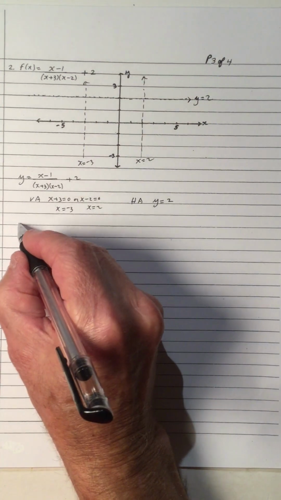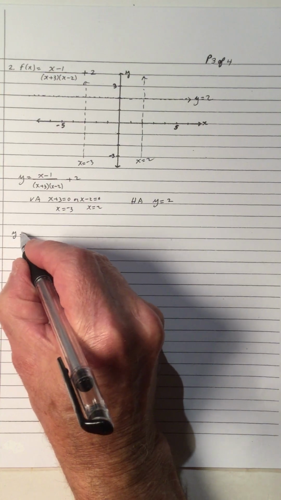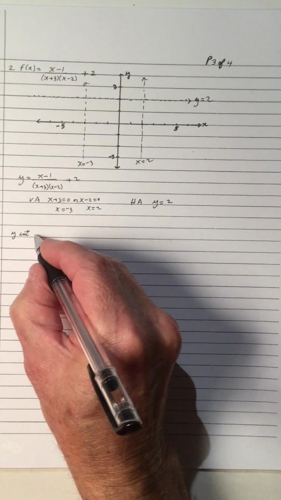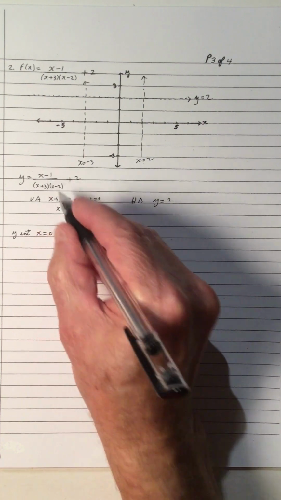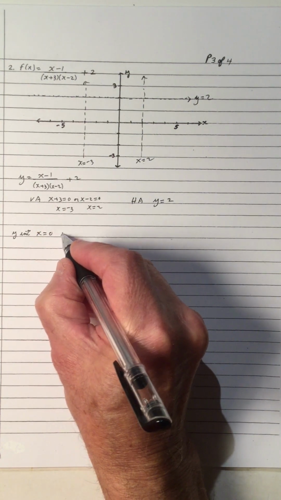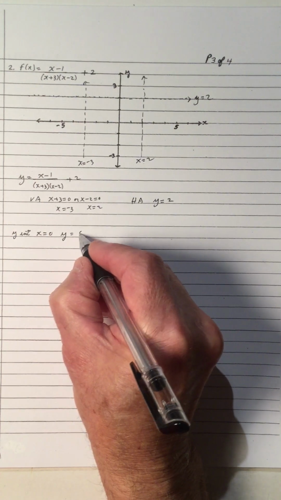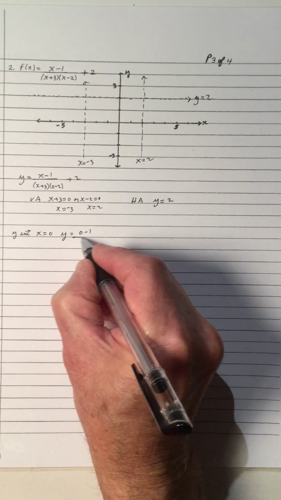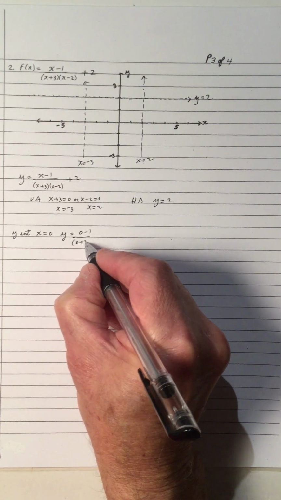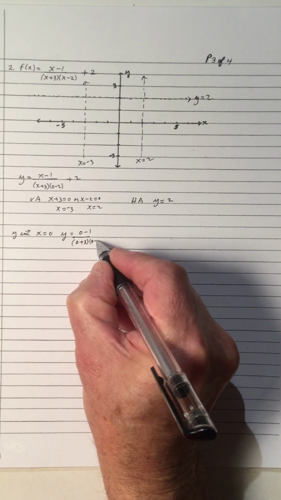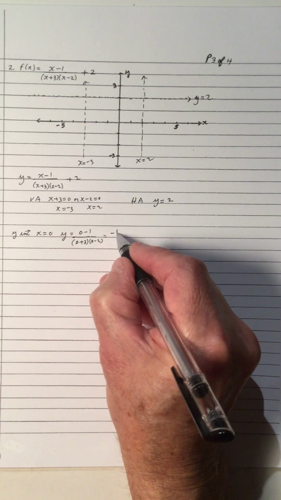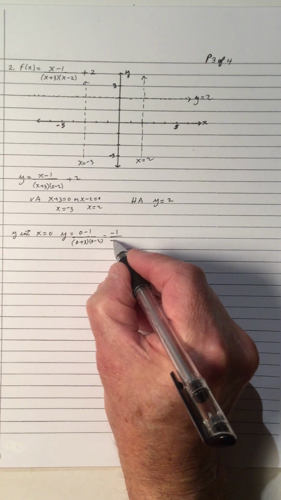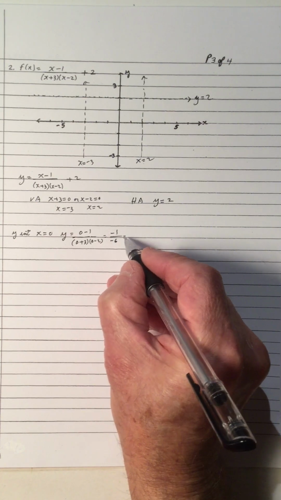Now, let's look at the y-intercept. The y-intercept is when you let x equal 0 in your equation. So you get y equals 0 minus 1 over 0 plus 3, 0 minus 2. So that equals negative 1 over negative 6.